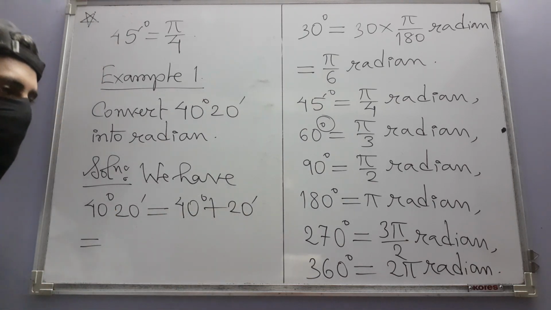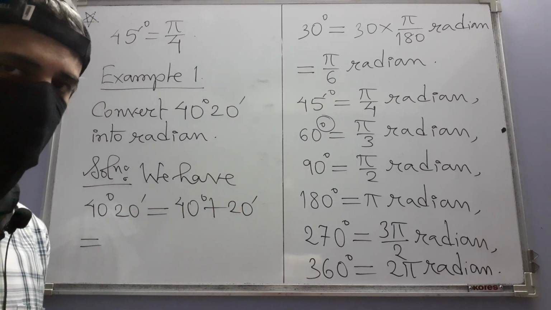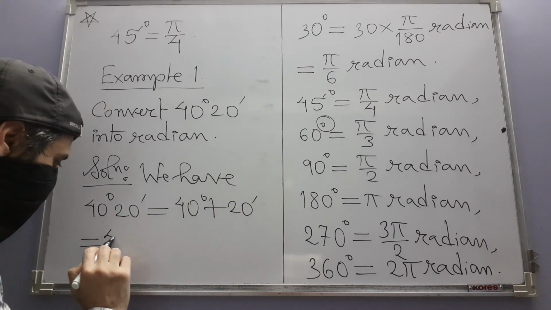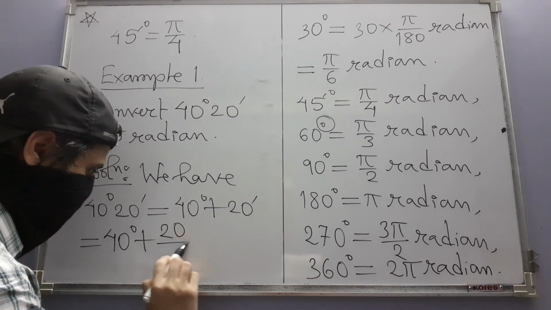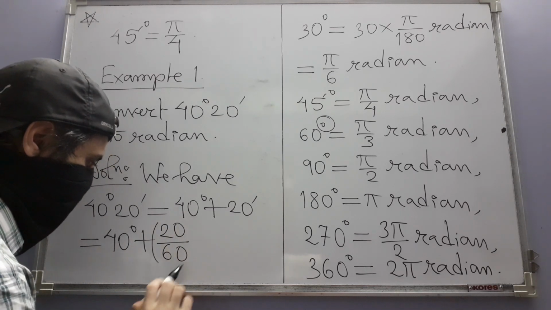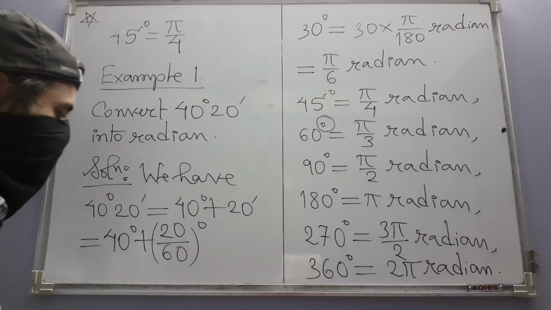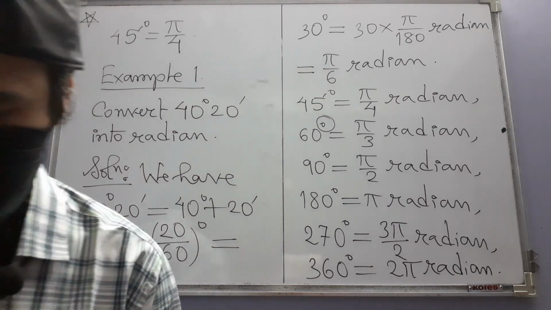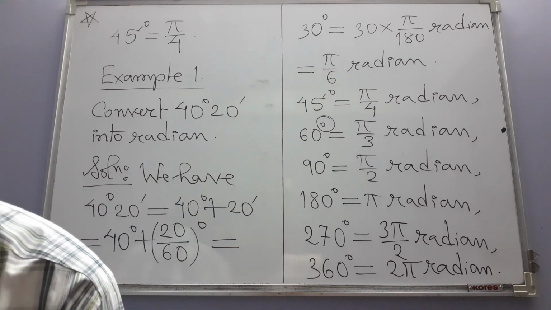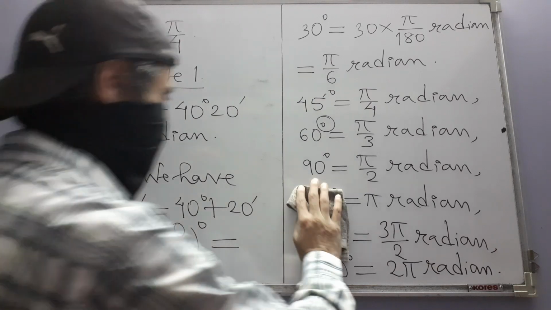Because 1 degree equals 60 minutes, so you divide by 60. And the moment you divide by 60, the unit changes to degree. That means this equals 40 plus 1 over 3.